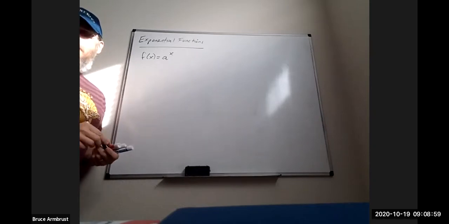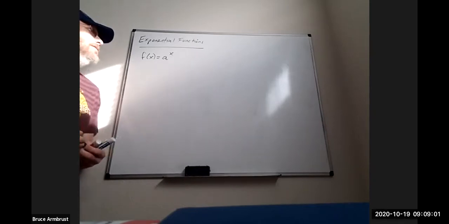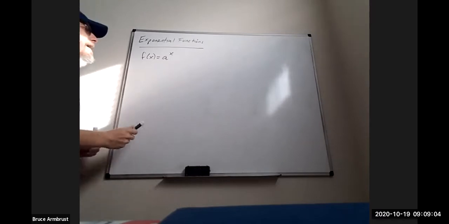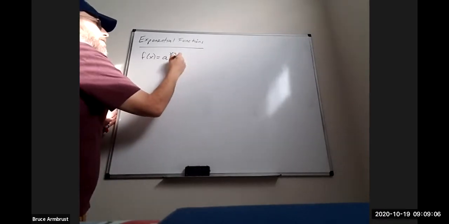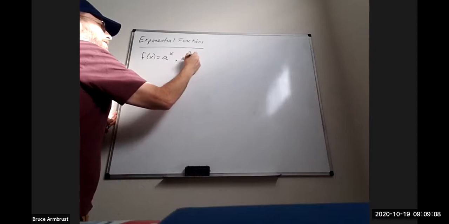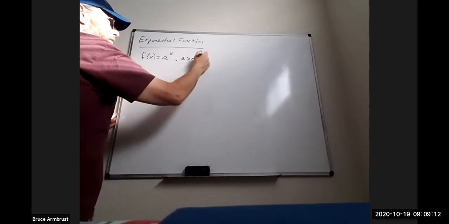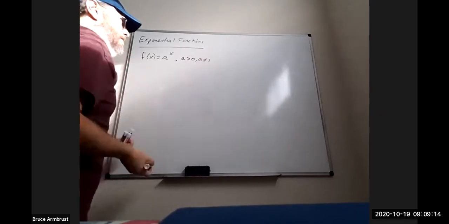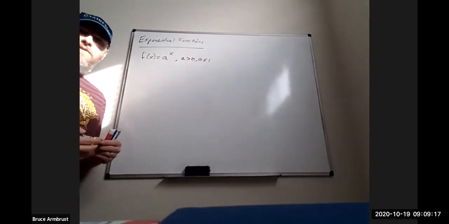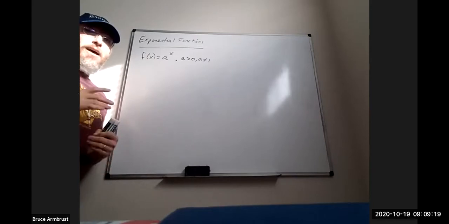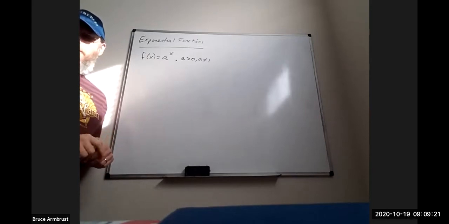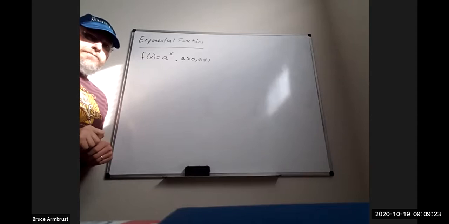So our variable is actually our exponent. So f of x is equal to a to the x. And there were some restrictions on a. Let me just remind you that a had to be positive and also not equal to 1. So if a is any positive number other than 1, it's an exponential function.